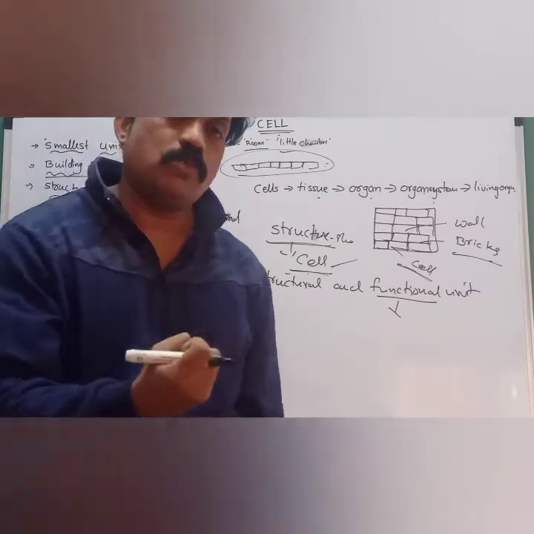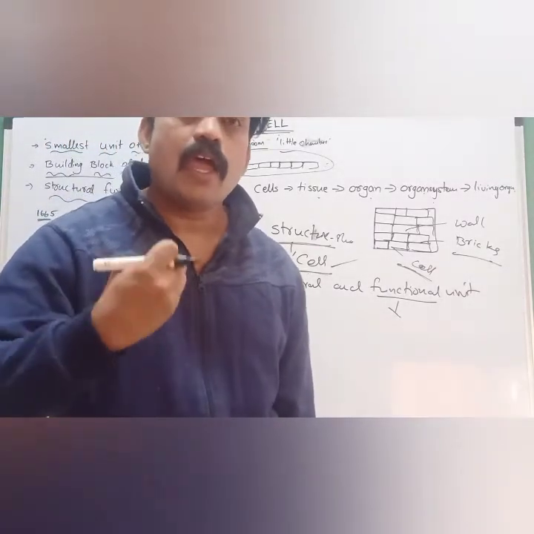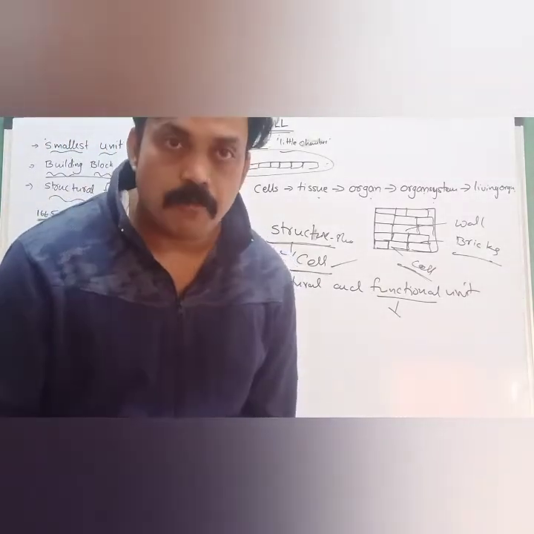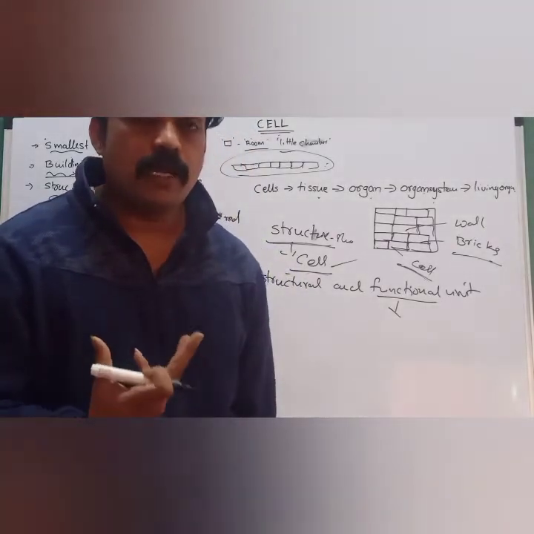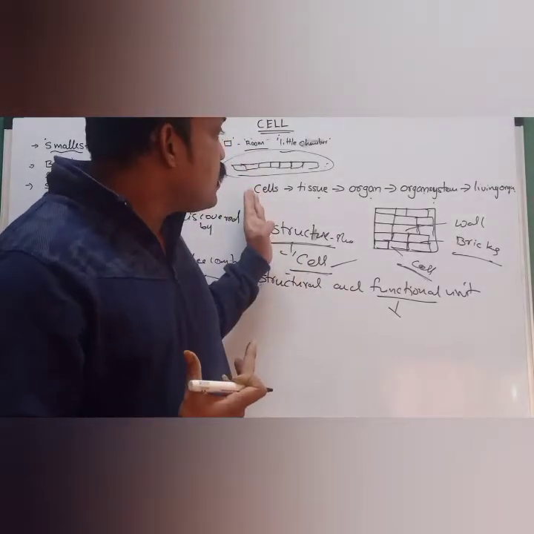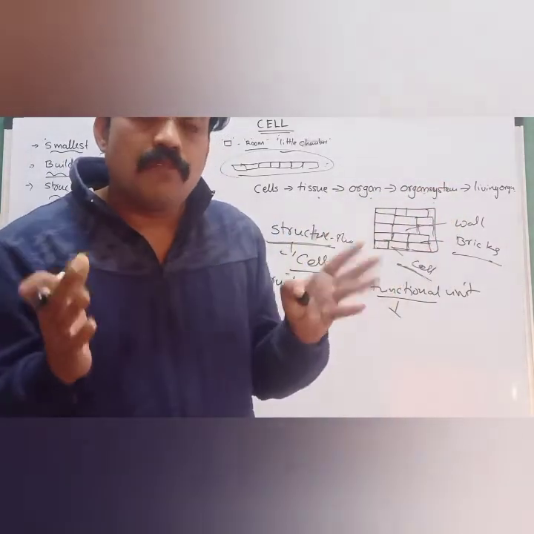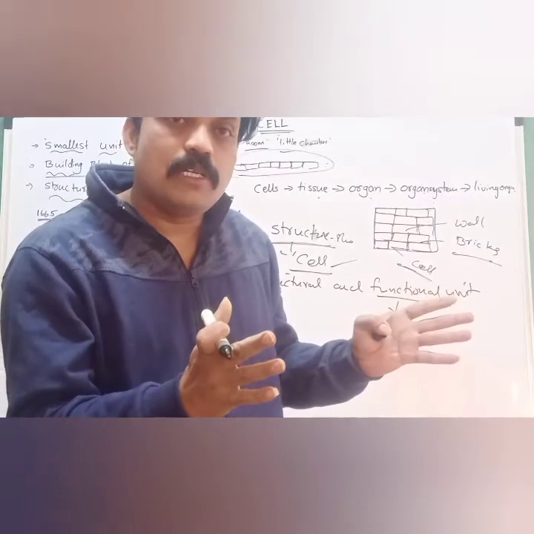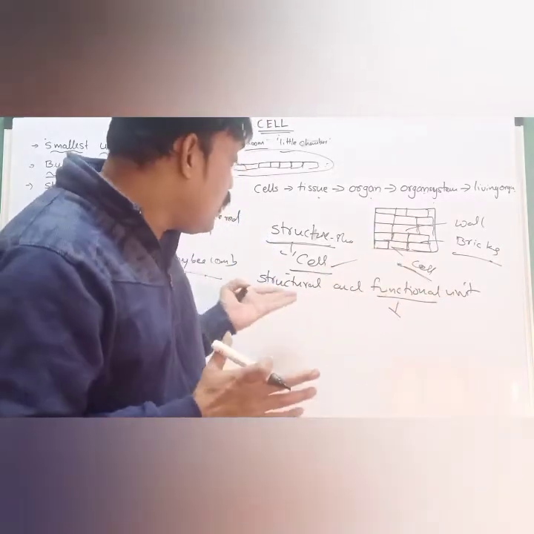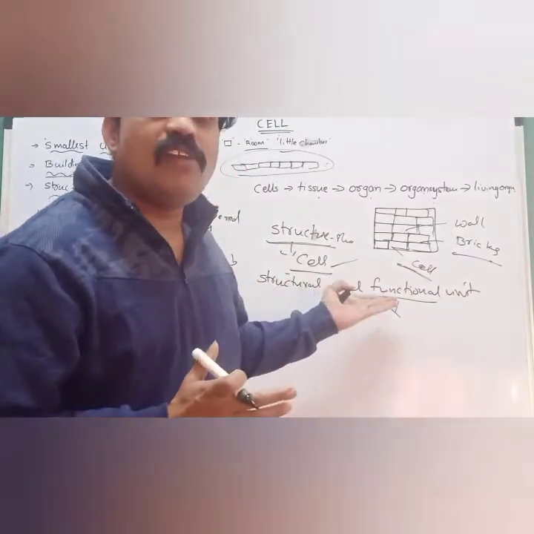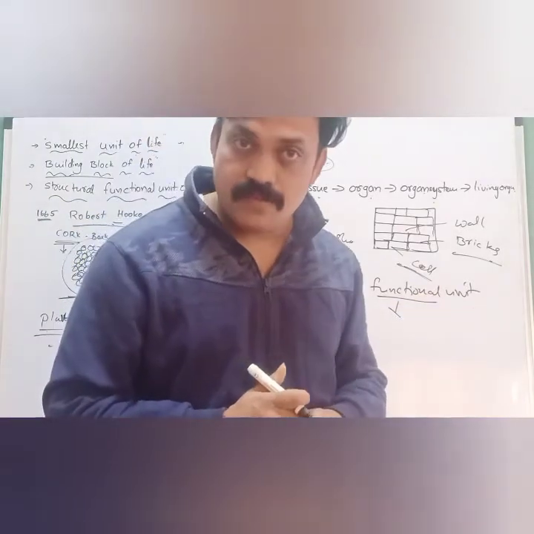That means some systems are required to carry out metabolic activities in our body. Those systems are formed when cells combine, so the functional system is also made up of cells. So cells are called the structural and functional unit of life.